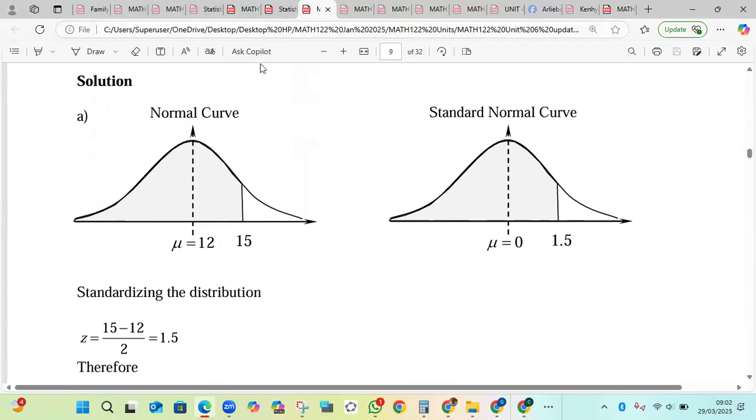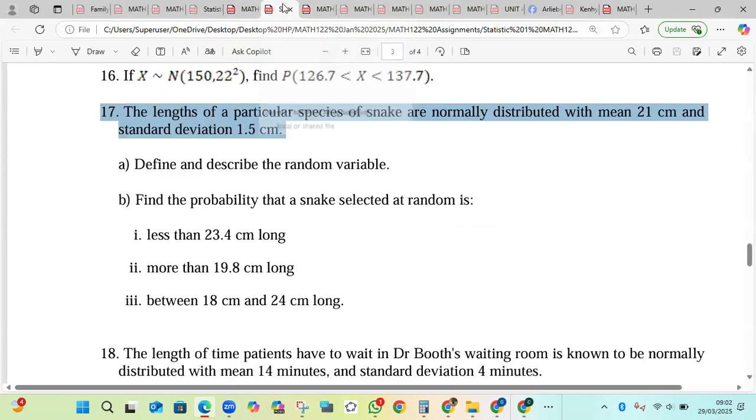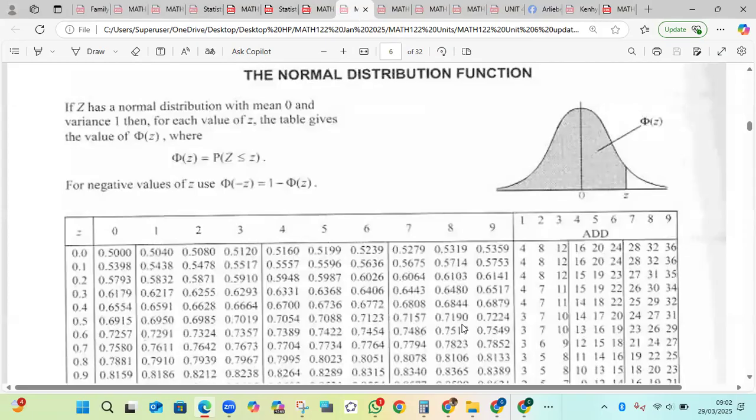Then you go ahead and standardize: x minus the mean over the standard deviation. So x is 23.4, the mean is 21, and the standard deviation is 1.5. Then you go to your standard normal table and look for your z value.